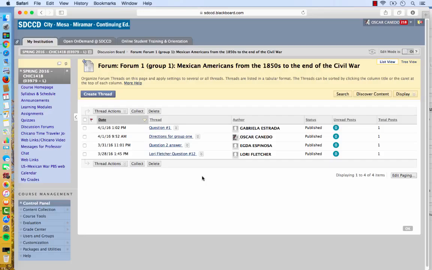If I say something to that effect in answering Lori's comments, then Lori comes back and would say something like, "Well, that's an excellent point, Professor. I hadn't thought of that, but what you said makes perfect sense. Additionally, in the readings, Ornelas points out such and such about the land law too." So you see, we go back and forth.